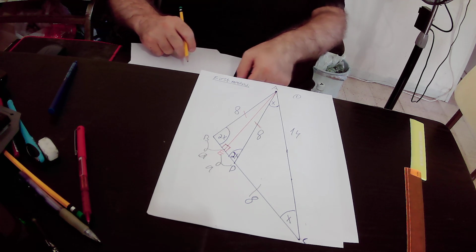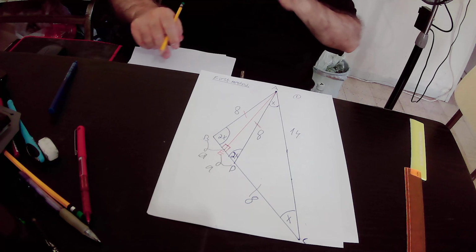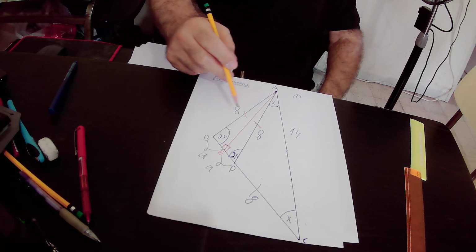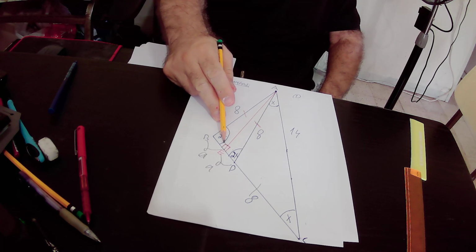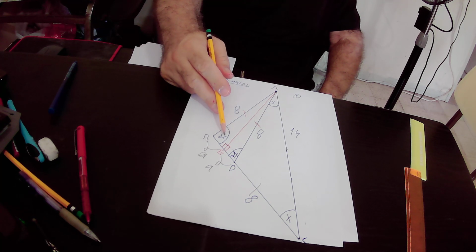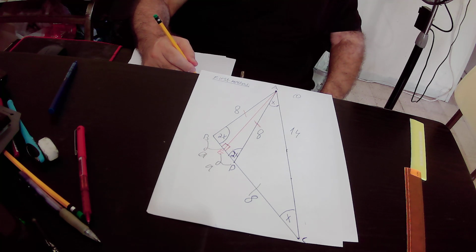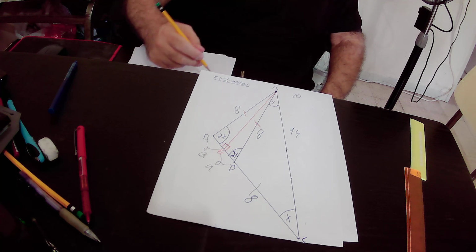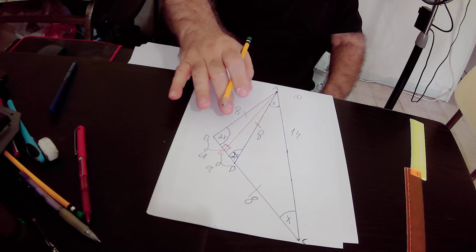So actually we have here two right triangles. Triangle ABE is a right triangle because this angle is a right angle. So in the right triangle we can apply the Pythagorean theorem, which states that the square of the hypotenuse equals the sum of the squares of the perpendiculars.